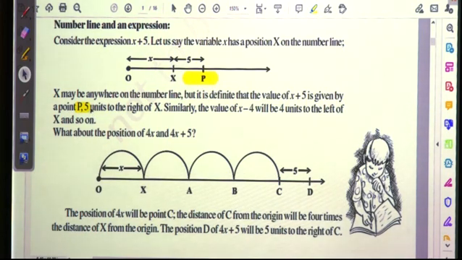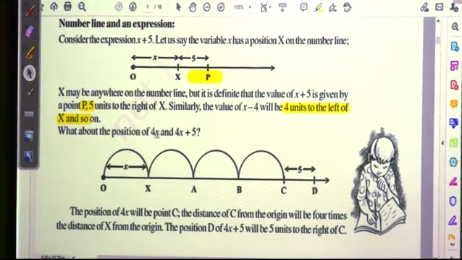It is 5 units to the right of x. Similarly, the value of x minus 4 will be 4 units to the left of x, and so on.